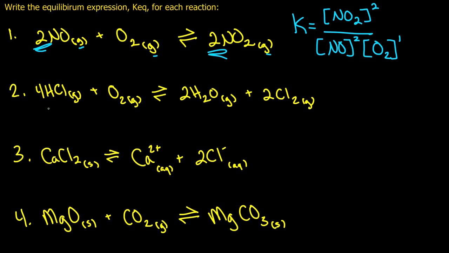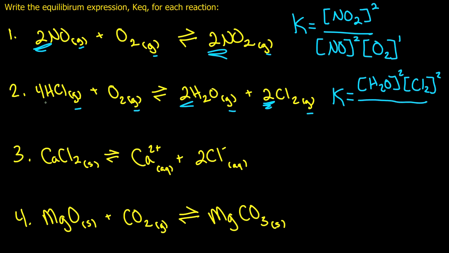All right, let's do the next one. Got 4HCl plus O2 yields 2H2O plus 2Cl2. Got all gases, so I'm going to use all of them. Everything looks to be balanced, so let's get this thing underway. K equals products over reactants. My 2 products are H2O and Cl2. So I got the concentration of H2O raised to the second, times the concentration of Cl2, and it is raised to the second as well.